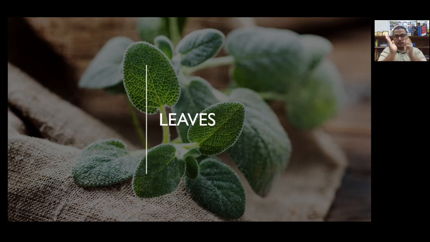So let's say you have a stem here, and then you have a leaf. The surface facing the plant, the stem, we call adaxial.